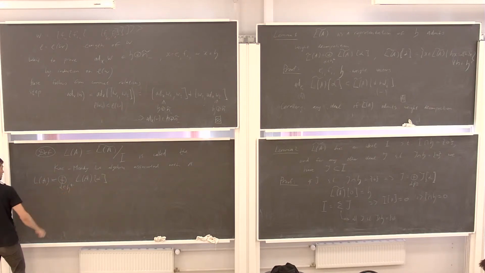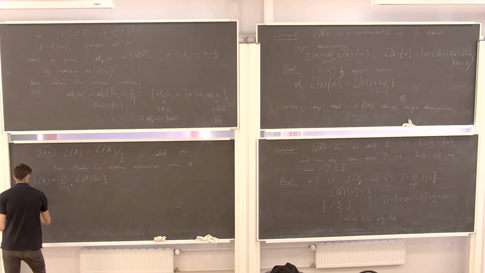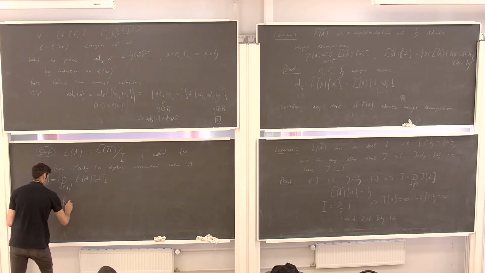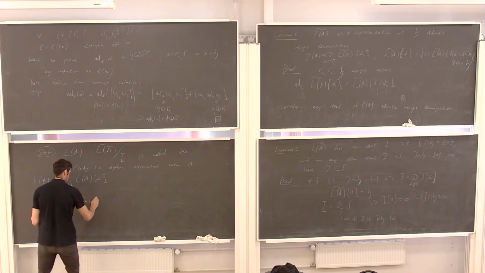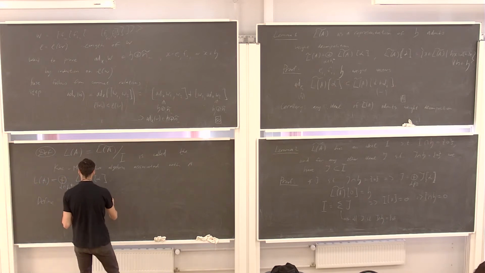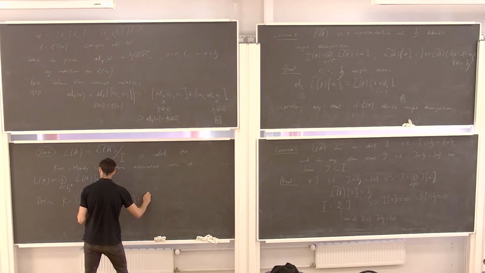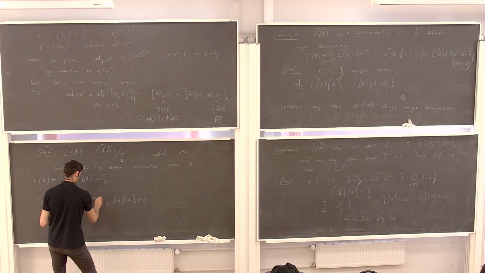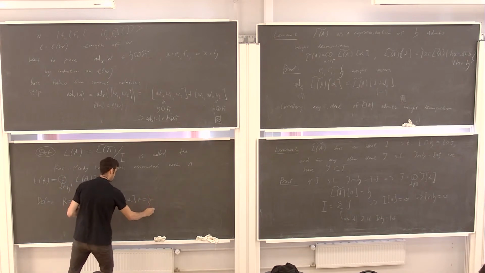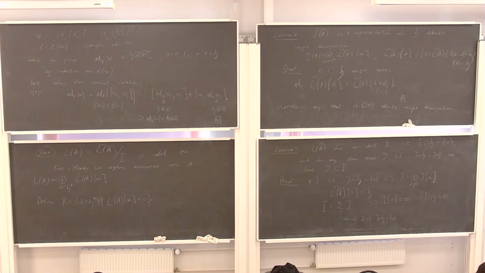So then L of A also has. Because of that, we can define roots. So I can define R to be those alpha from H star, without 0, such that L of A alpha is not 0. So this is the root system of the Kac-Moody Lie algebra.